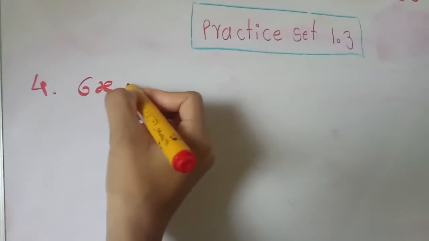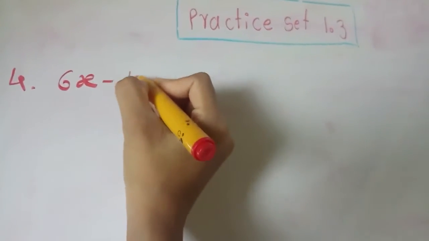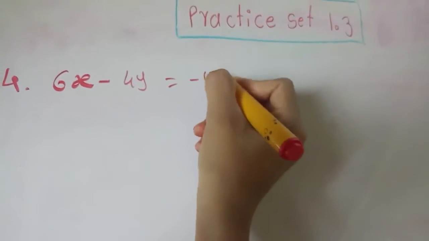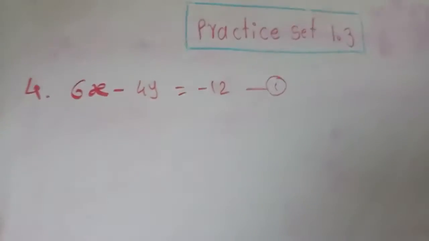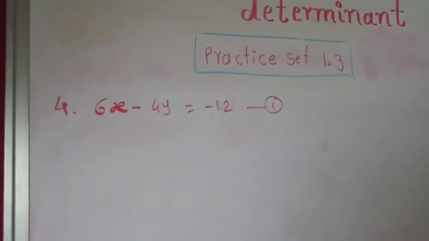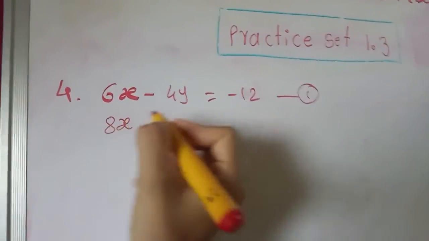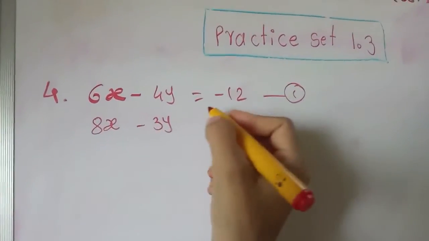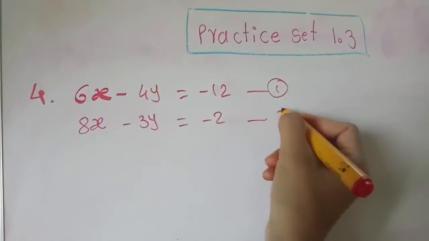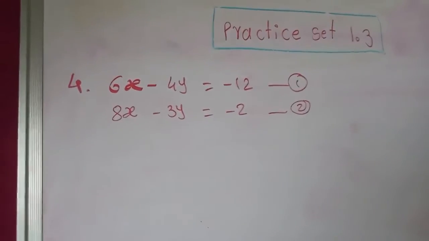Question number 4 is 6x minus 4y is equals to minus 12. This is equation number first. And 8x minus 3y is equals to minus 2. This is equation number 2.